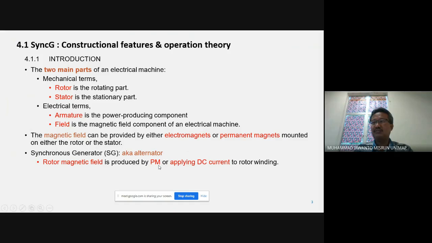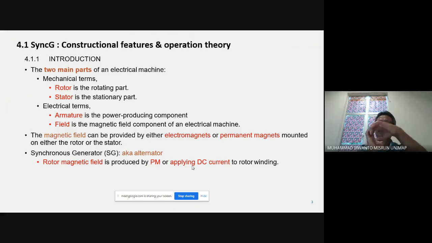If it is the rotor, we have the brush contactor, and to supply the DC current through the winding in the rotor, we can use a separate DC source, for example a battery.